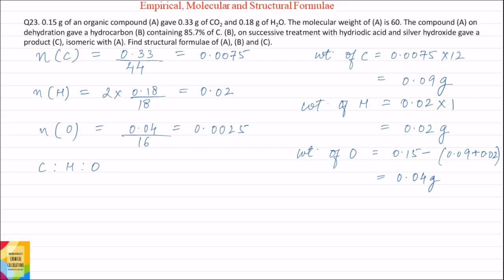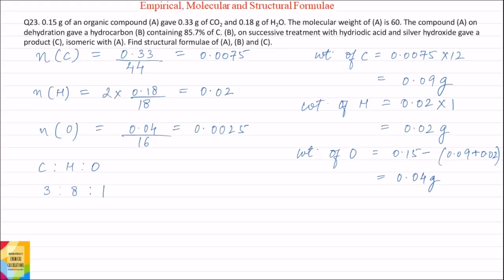So we get the simplest ratio. 0.0075 divided by 0.0025 will give 3, 0.02 divided by 0.0025 will be equal to 8, and 0.0025 divided by 0.0025 will be equal to 1.